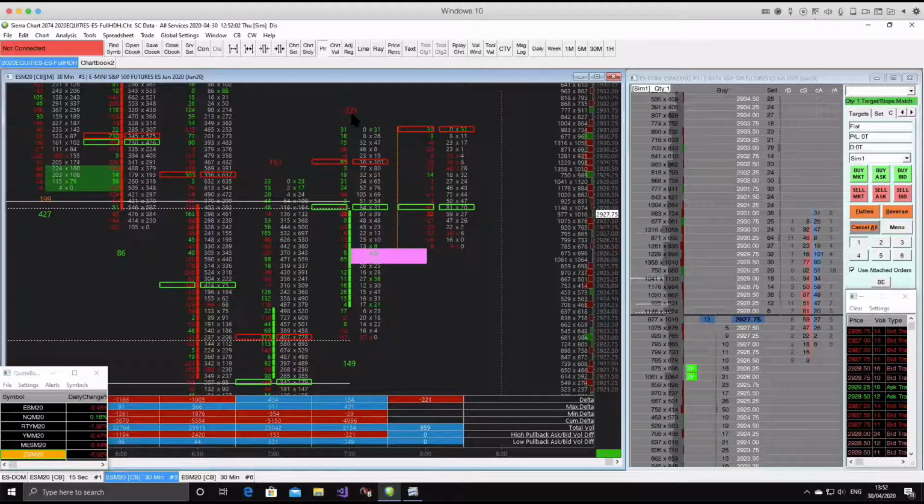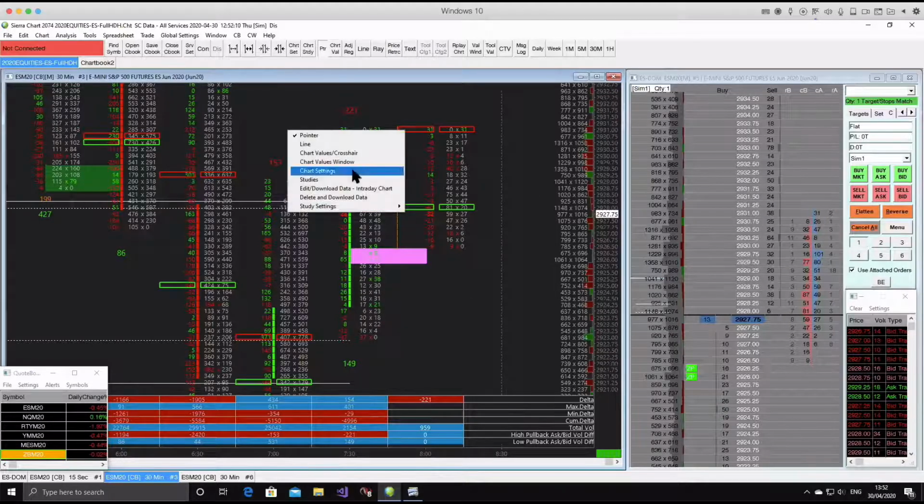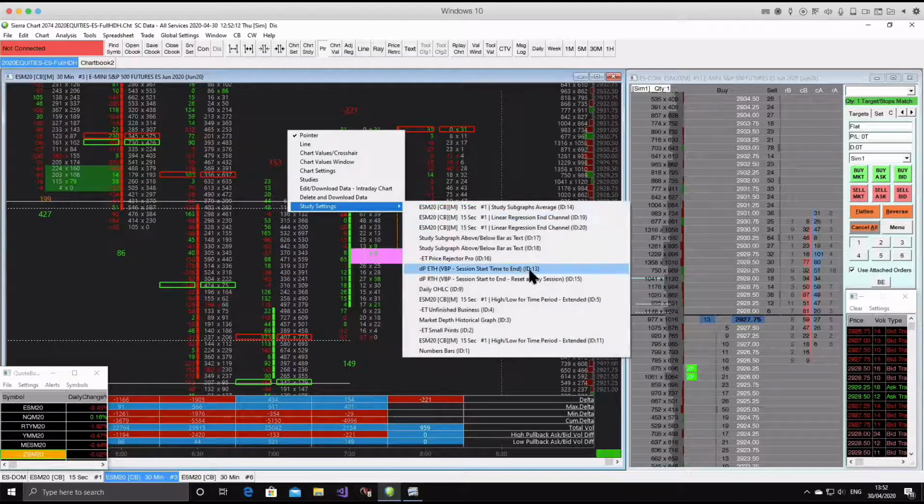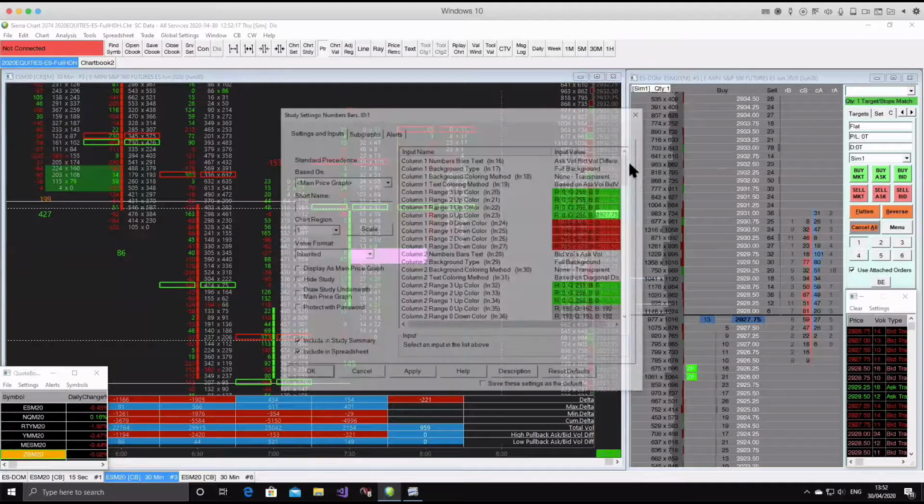Now, as I get to the third part of this presentation, you'll see why I'm using this study rather than what you can do natively. You can actually get this information natively at the top or bottom of the numbers bars. You don't have to overlay it.